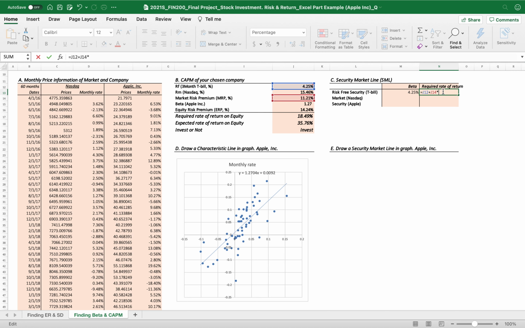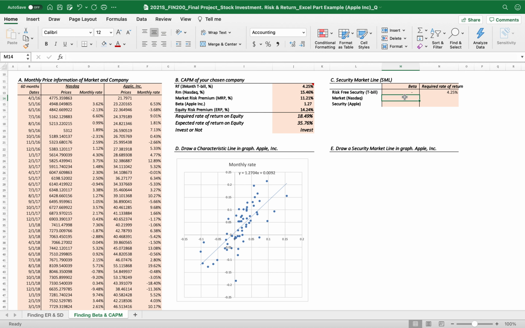The beta of the risk-free rate is zero, always zero. Why? When the market moves, the Treasury bill rate doesn't change. That is why the beta is zero. It's not a percentage, by the way.